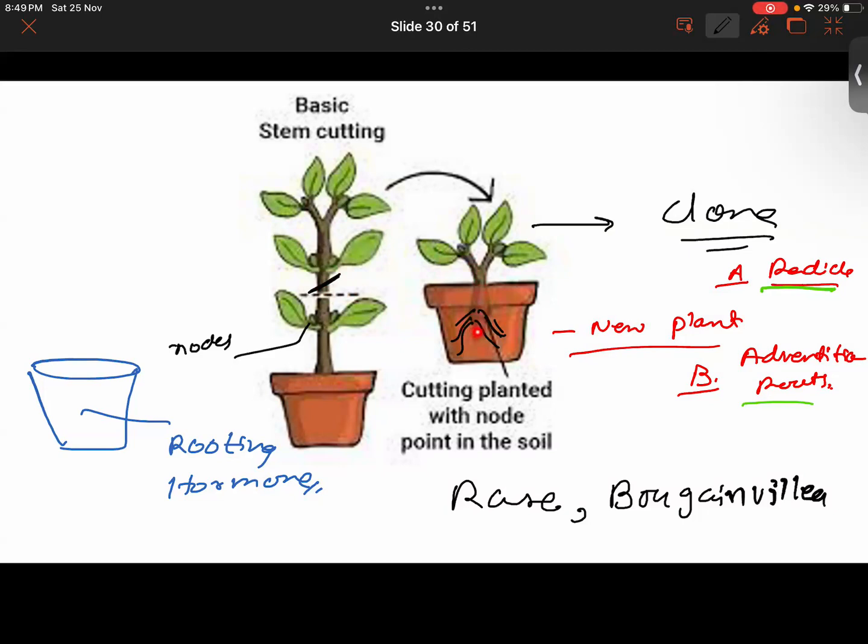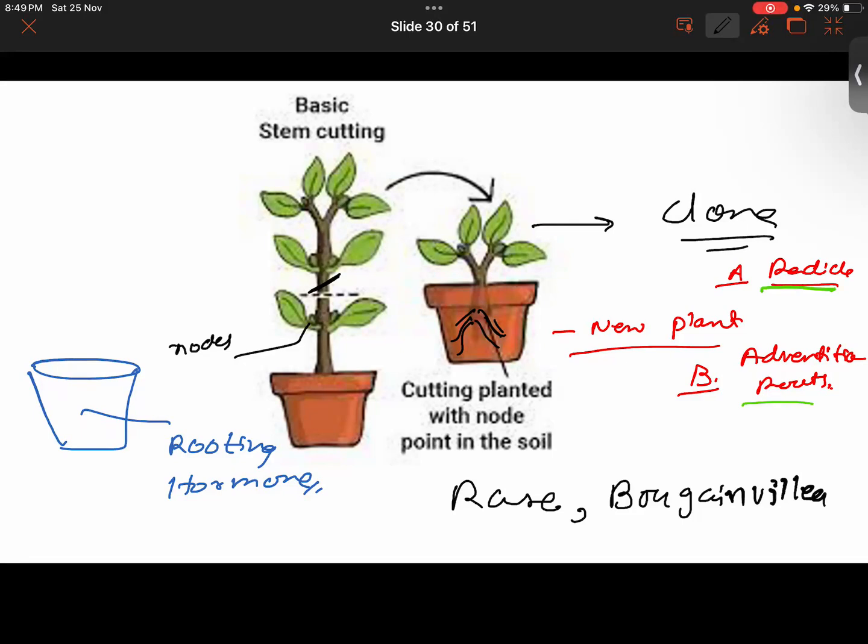So tell me, did this root develop from the radical, or is it adventitious roots? It's adventitious roots. Adventitious roots are the roots that develop from parts of the plant other than the radical.